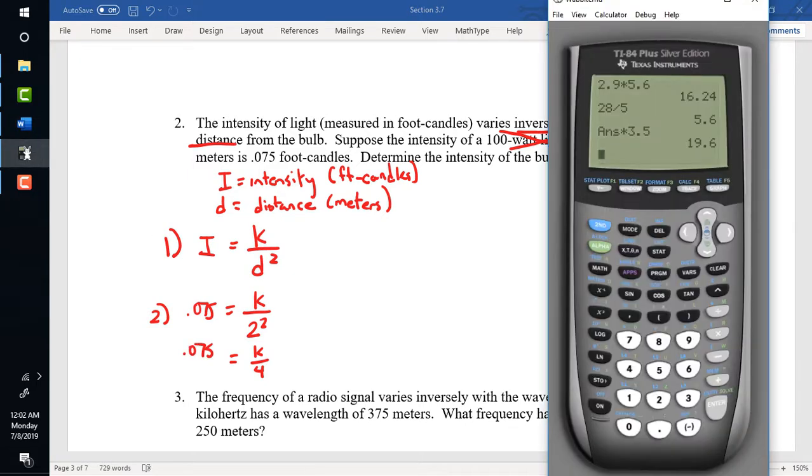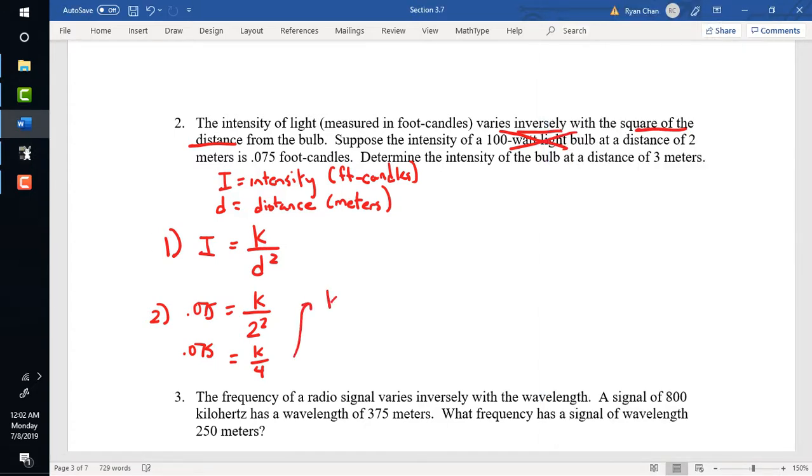I'm going to multiply 0.075 by 4. And I have K is equal to 0.3. Okay? So I'm going to rewrite my formula, which is I is equal to 0.3 over D squared.